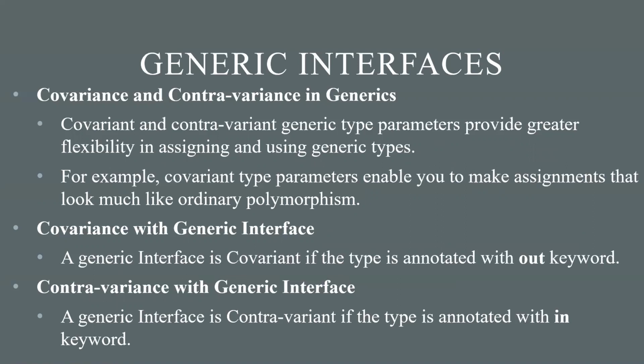So when we are using generics, we can use the concept of covariance and contravariance, which behaves much like the same polymorphism which we see in normal classes. So now we have covariance with generic interface. A generic interface is covariant if the type is annotated with the out keyword, and a generic interface is contravariant if the type is annotated with the in keyword.